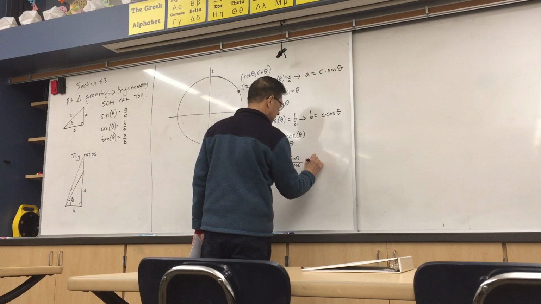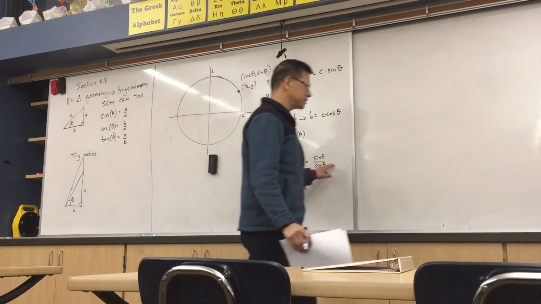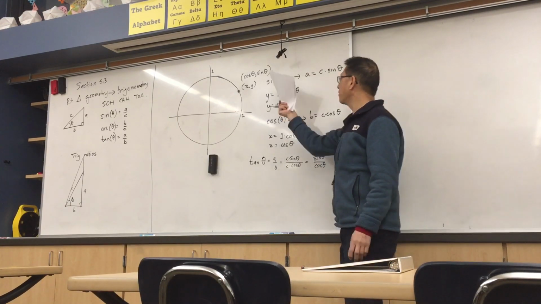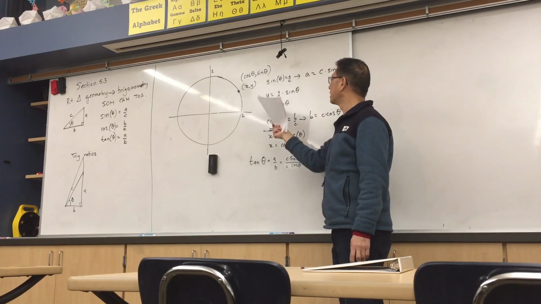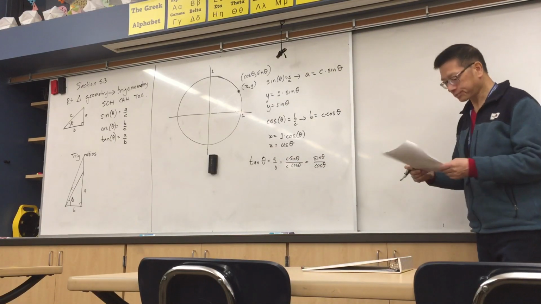So tan theta is really just sine theta over cosine theta. But this is, I guess you could call this a corollary. This falls out of the work that we've done here.